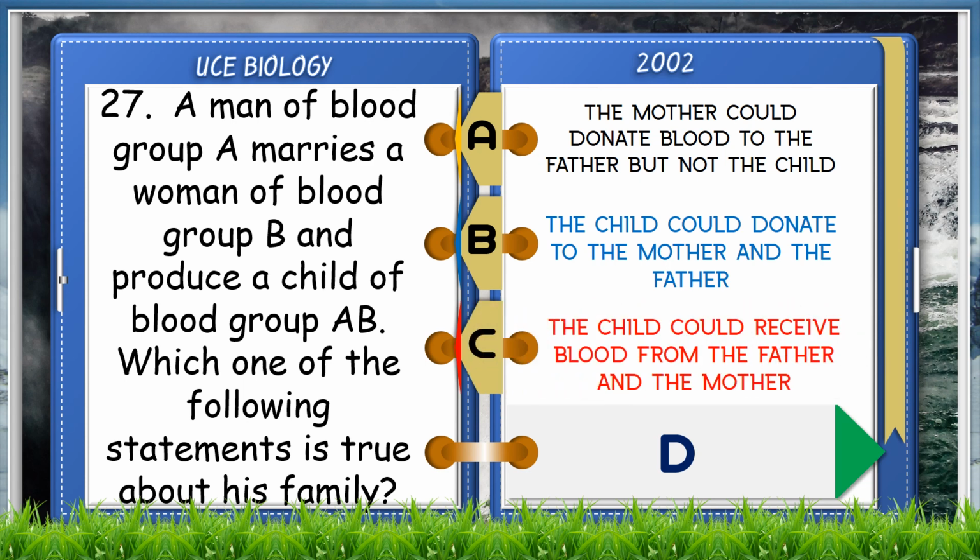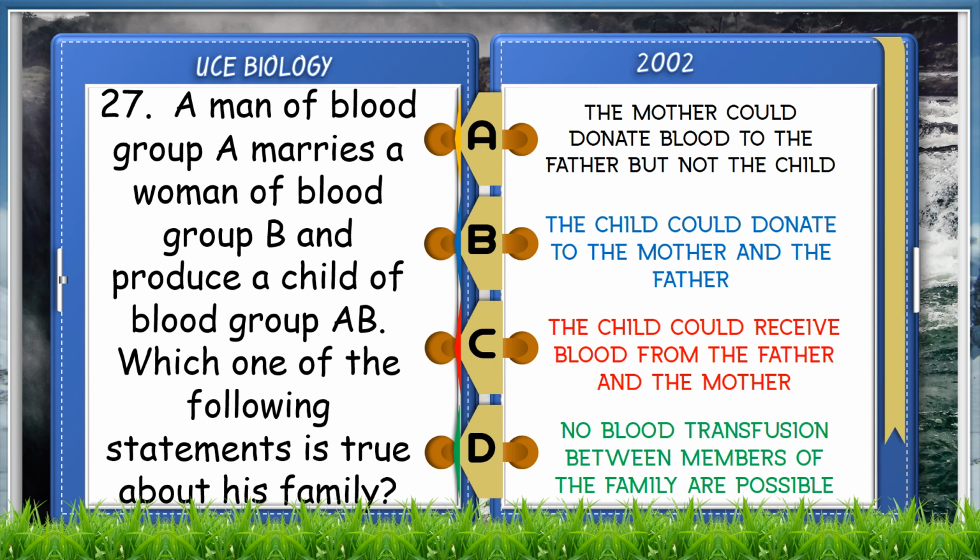C. The child could receive blood from the father and the mother. D. No blood transfusion between members of the family is possible. The answer is C. The child could receive blood from the father and the mother.